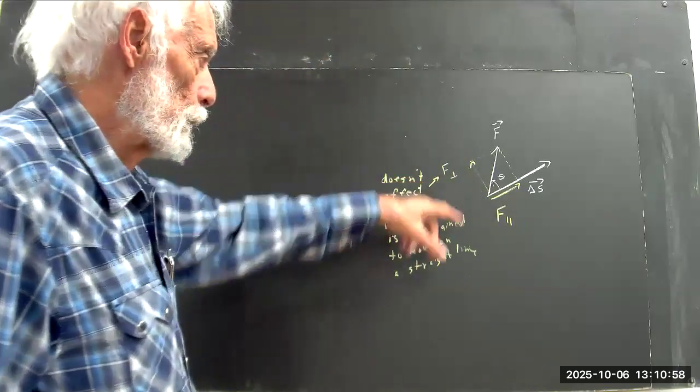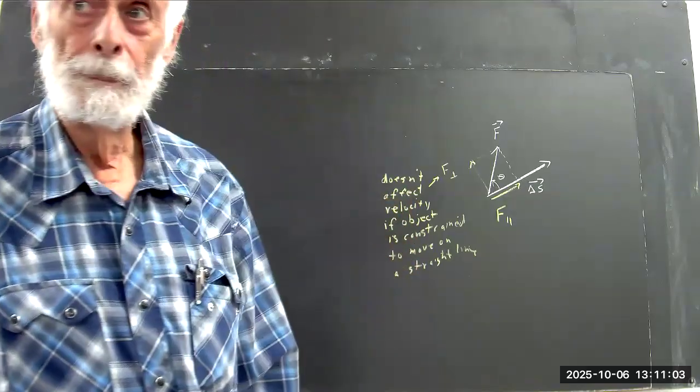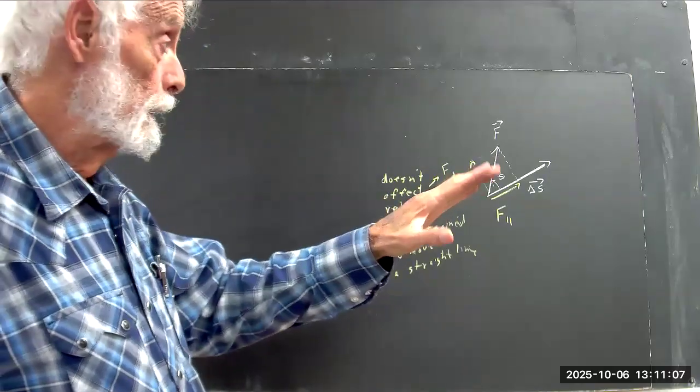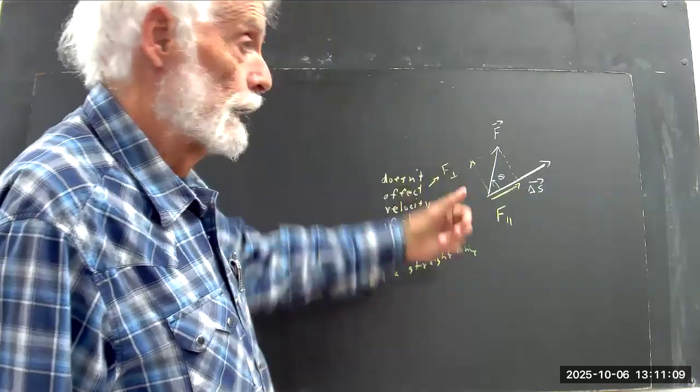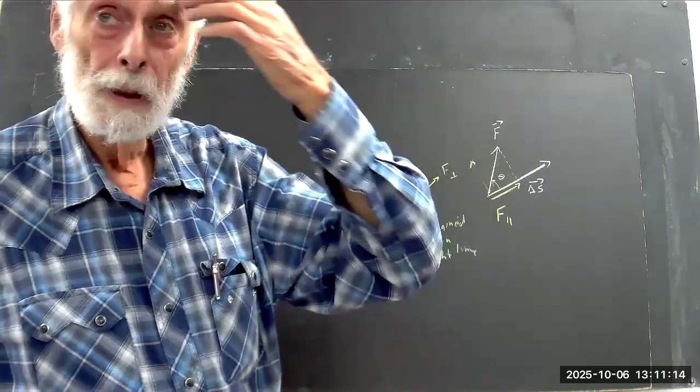If whatever object the force is acting on is constrained to move on a straight line, that would be the case if it was on an incline and this component of the force was not greater than the weight of the object in that direction.